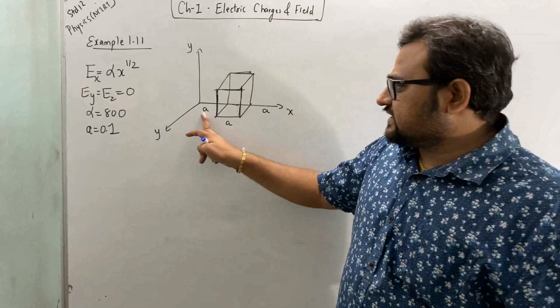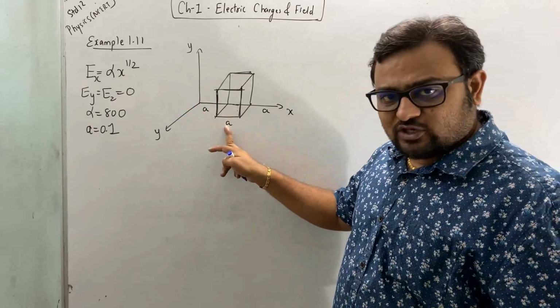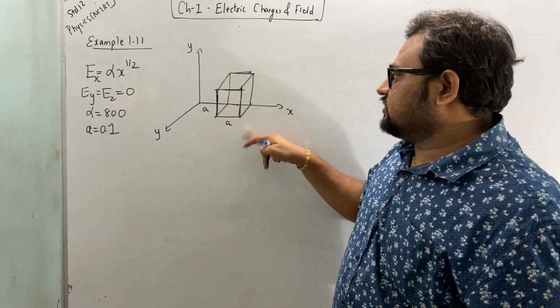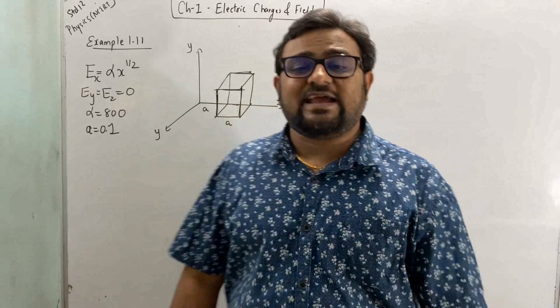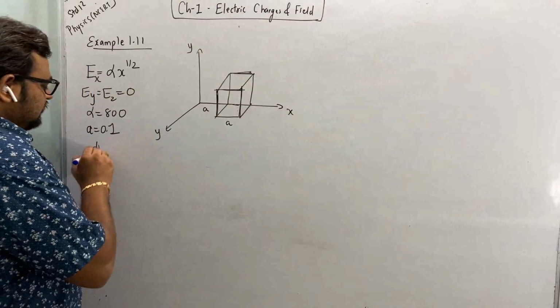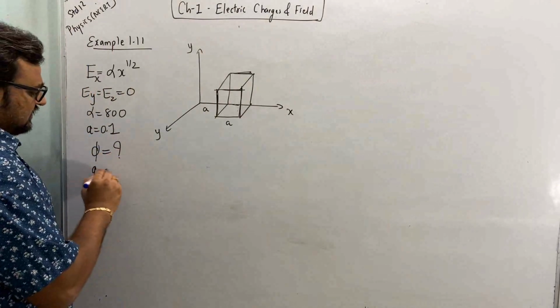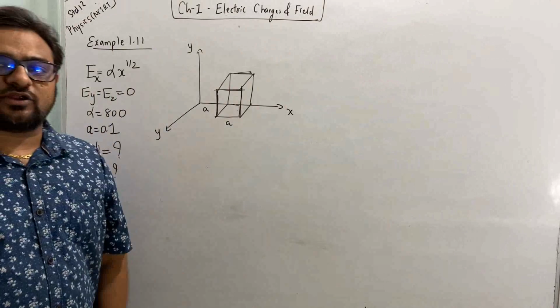This distance is a, and the length of the cube is also a. Clear? You have to find out the total flux and the charge enclosed inside.